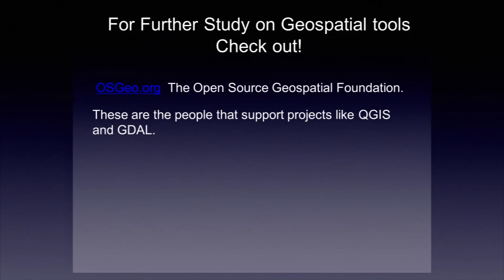So, a few things. Now that we've built our terrain, I'm going to bring up some stuff for further study. One of them, of course, is the Open Source Geospatial Foundation. These are the people who have created QGIS and GDAL.